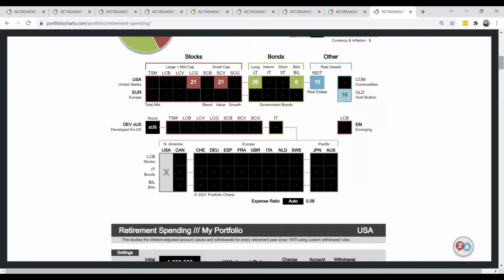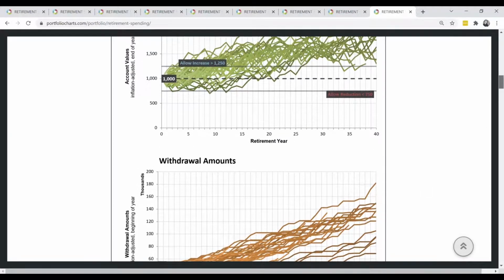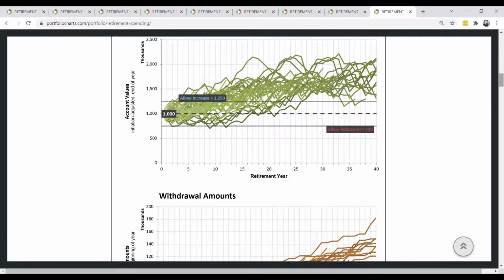And you can see how that plays out, and this is what the withdrawal amounts would be. So they never seem to go below 40, but they could go up substantially over time if the account increases. And you can see how that would be in here.